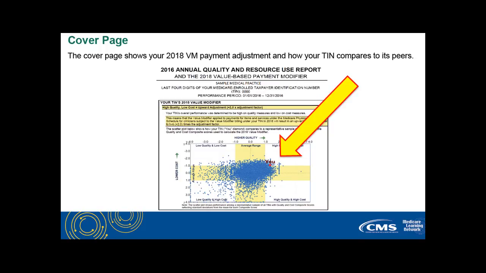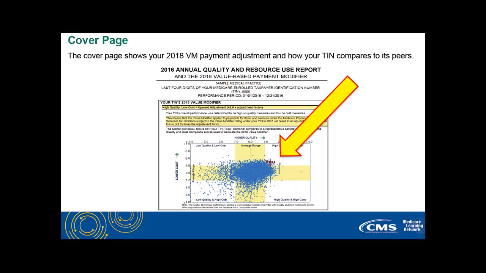And this is the QRUR report. And what you can see here in this particular grid, if I can draw your attention to the center, you see an XY grid of quality and cost.